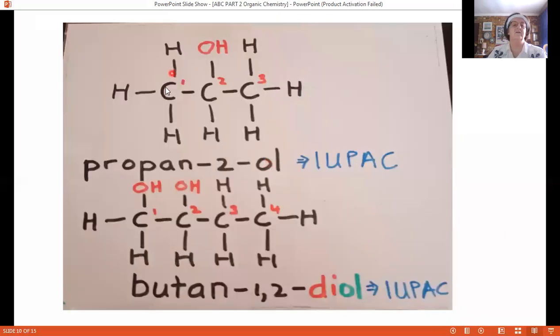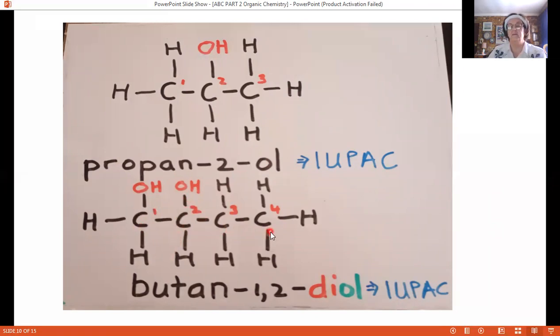Now here we've got 3 carbons. Number your carbons. Your OH is at the second carbon. So it's propan-2-ol. That's your IUPAC name. Here we've got 4 carbons. So your OH is at the first and the second carbon.